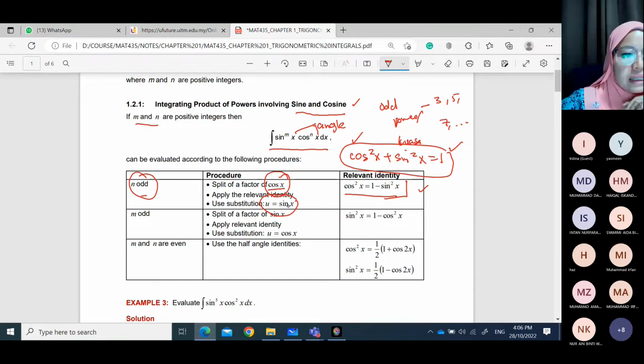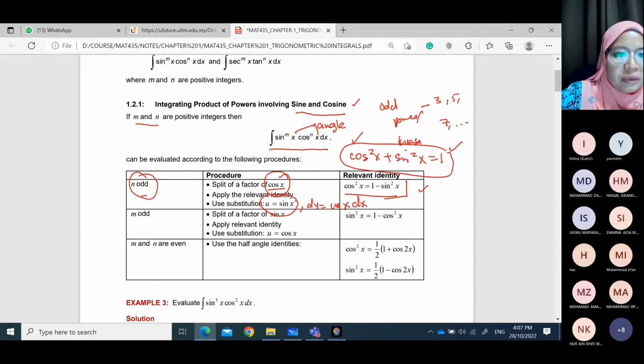Semua sin x kita gantikan dengan u. And then of course you need to differentiate. So du equal to cosine x dx. Okay, so step yang ketiga ni adalah kita gunakan substitution method, di mana kita gantikan sin x ke dalam u. Okay, faham? Ini kalau n adalah odd.